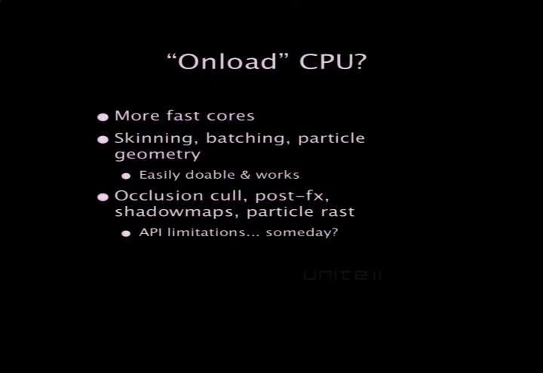Just a little bit of our insight: CPUs on the mobile devices are a little bit strange. Usually on the desktops, you think about the GPU as being really fast, and you want to put as much work there as possible, move all your code to the GPU. On the mobiles, the balance is a little bit different.